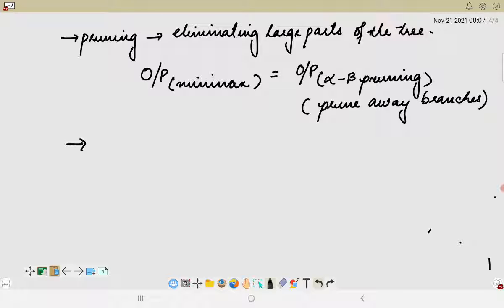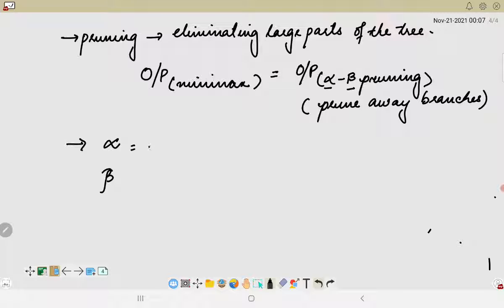It gets its name from the two parameters, alpha and beta. Let us first discuss what alpha and beta are. Alpha is the value of the best, or the highest value, choice for max.